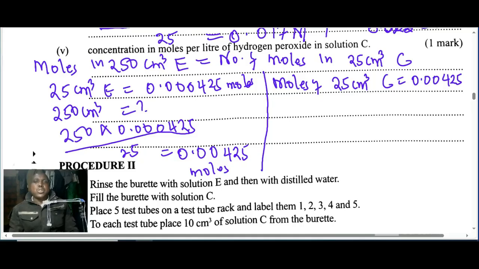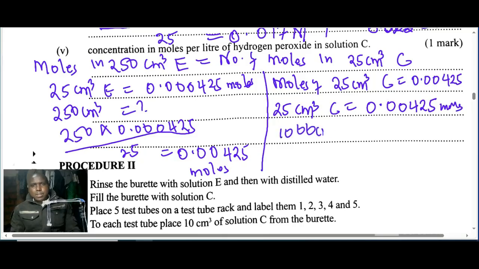So we are being asked the concentration in moles per liter, molality of solution C. So we will ask that 25 centimeters cube C has got 0.0425 moles. 1000 centimeters cube will contain how many?